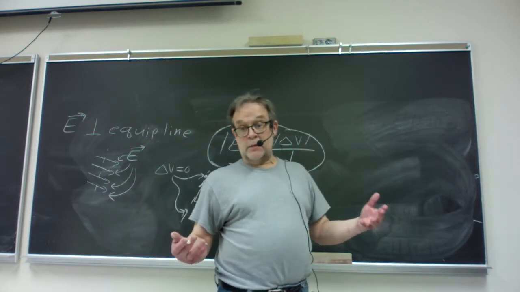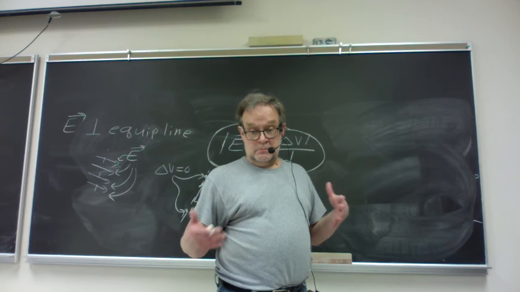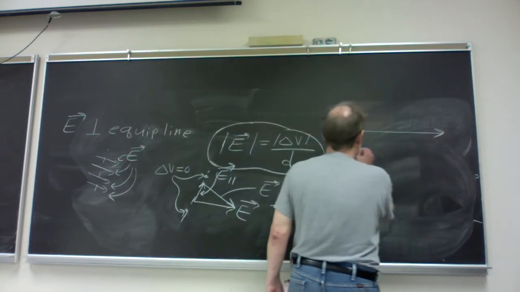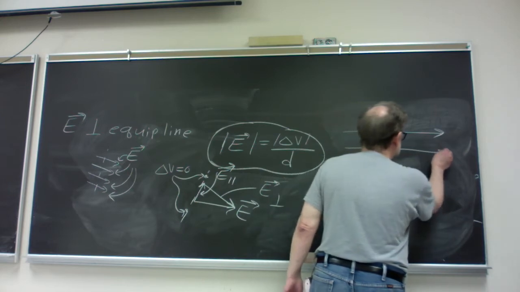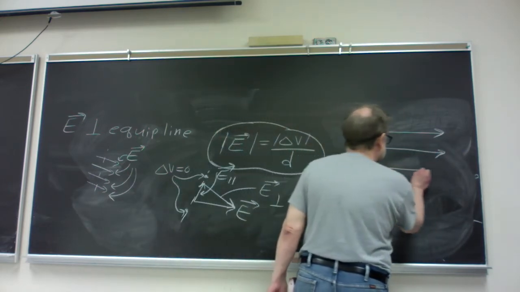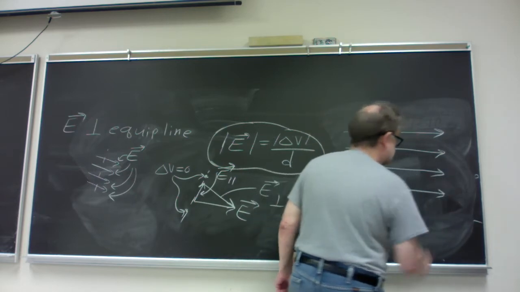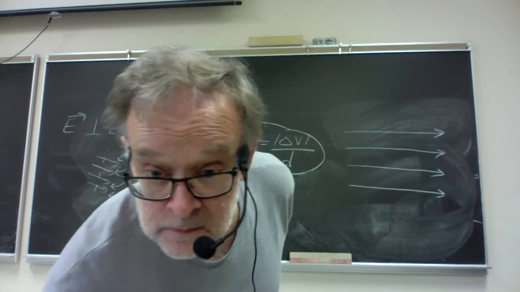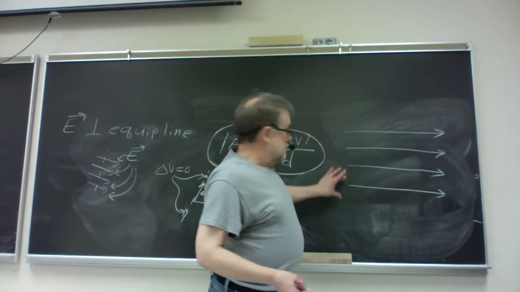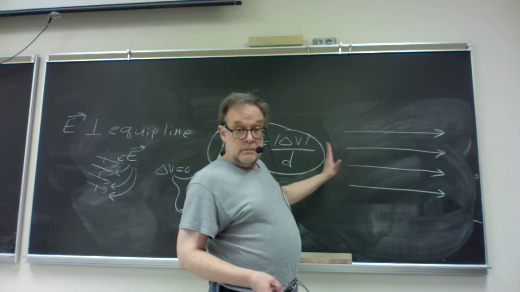And you'd represent that by electric field lines that are straight and all pointing in the same direction, and evenly spaced. Right. Evenly spaced tells you what? Well, it tells you this.